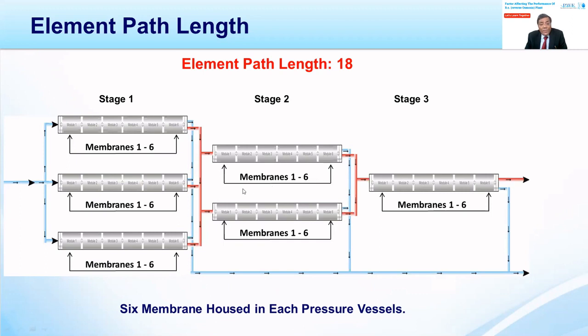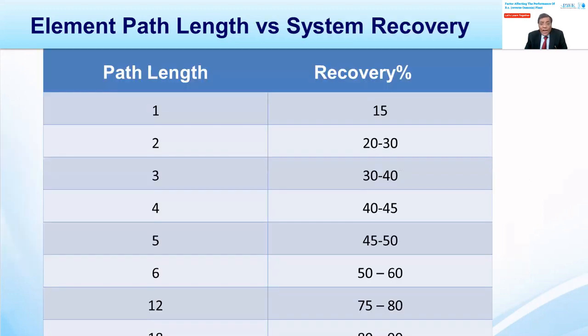It all depends upon the feed water quality and especially the TDS which we are feeding. For TDS up to 500, or for tap water of less than 1000, we can go to 85 to 90% recovery. That depends upon various other parameters as well.